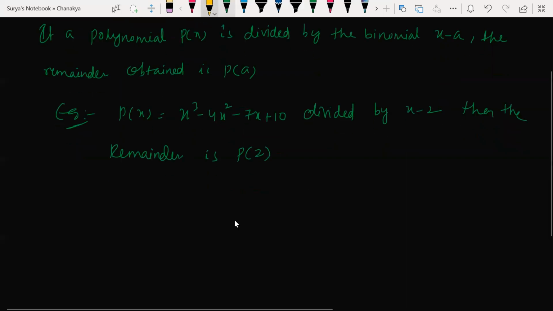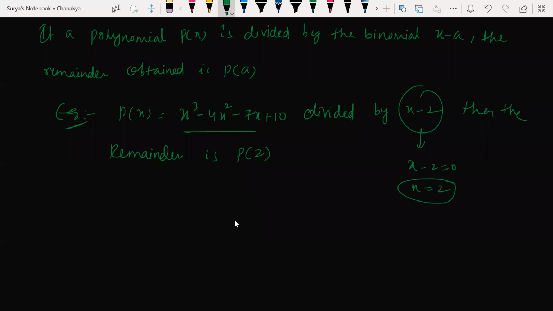Now, this p of x is given to you, divided by x minus 2. What do I have to do here? Equate that with 0. That becomes x is equal to 2. So in place of x, I have to substitute 2. So 2 cube minus 2 square minus 7 into 2 plus 10. That is 8 minus 16 minus 14 plus 10.